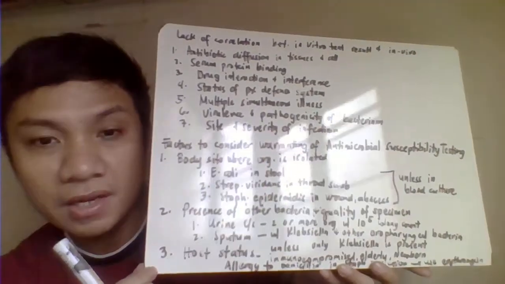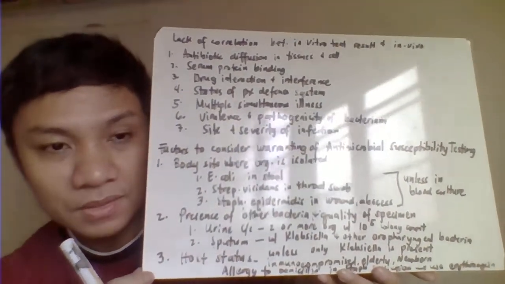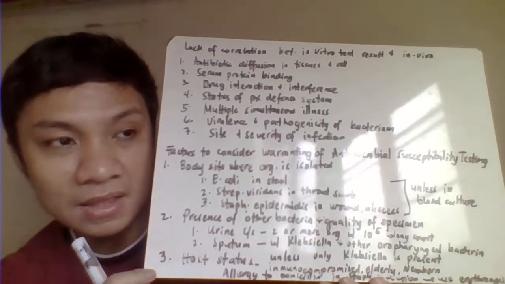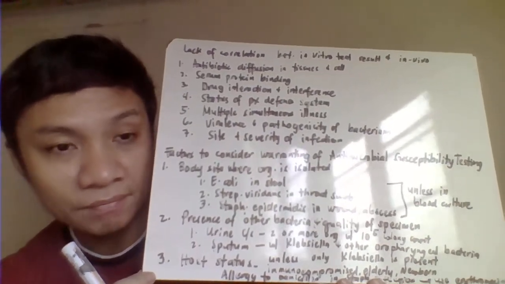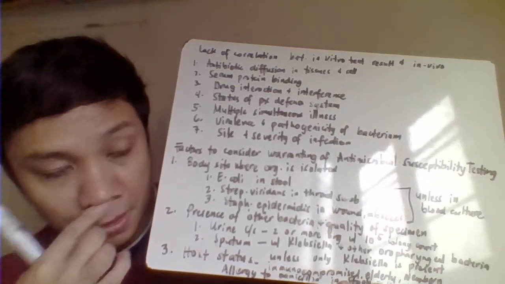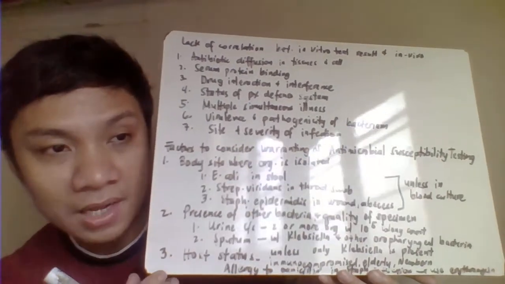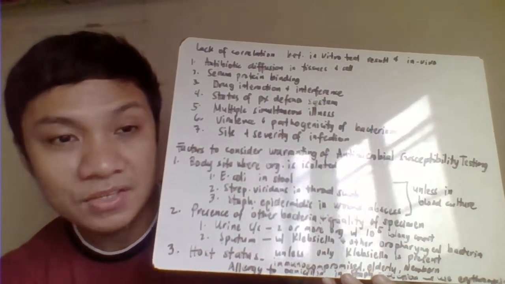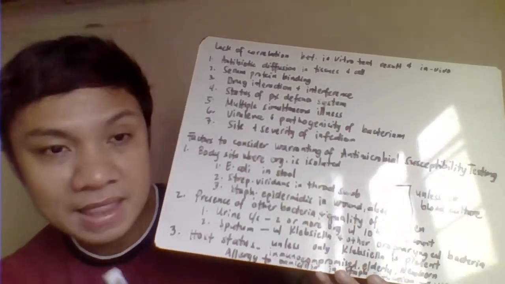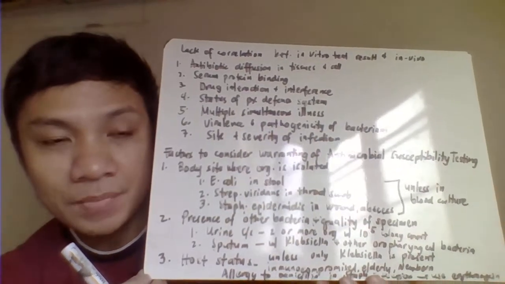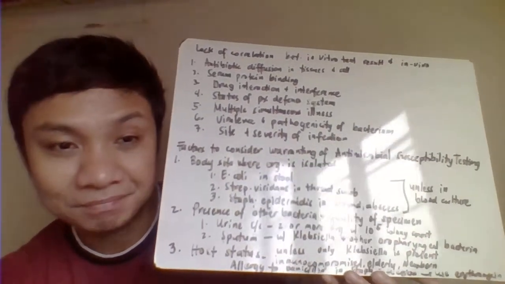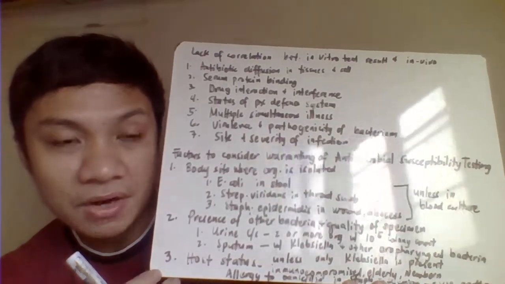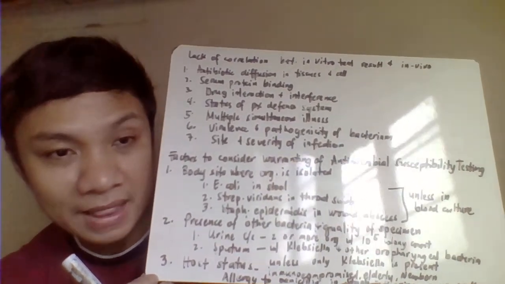Third one, we have here the host immune status. So basically, in the case of your immunocompromised, elderly patient, or even newborn. Okay, like for example, in the case of someone with staph infection. So, staphylococcal infection here could be treated by your penicillin. Okay, that's the standard. Okay, but however, the patient natin ay meron siyang allergic reaction with your penicillin.